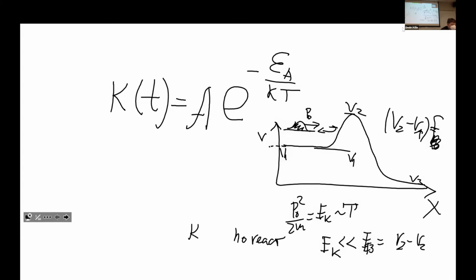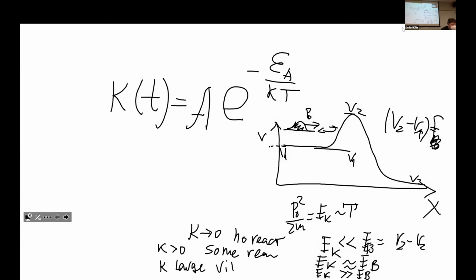Rate is zero. If kinetic energy is approximately equal to energy of barrier, then some reaction. And if kinetic energy is much bigger than energy of barrier, then Q is large, and it is vivid reaction, same as if there would be no barrier, same as it would be free space.